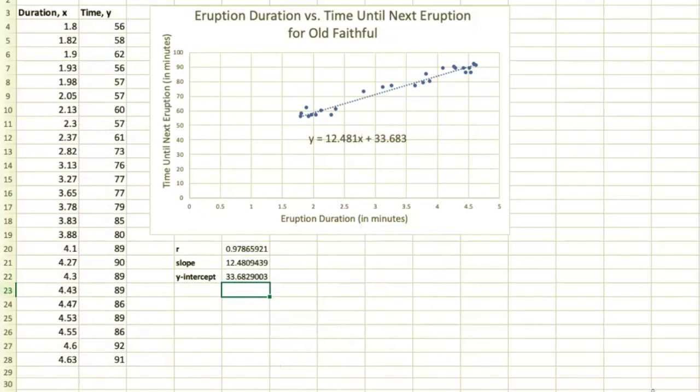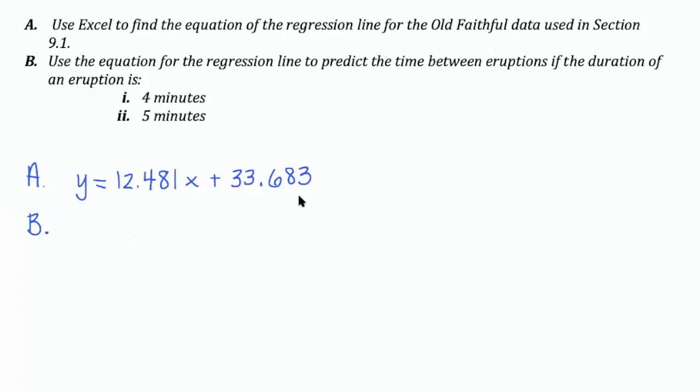So let's go back to our original question. Now that we have a model that relates the explanatory variable and the response variable, we can make predictions. So in part B, we're asked to predict the time between the eruptions if the duration of an eruption of Old Faithful is 4 minutes long.